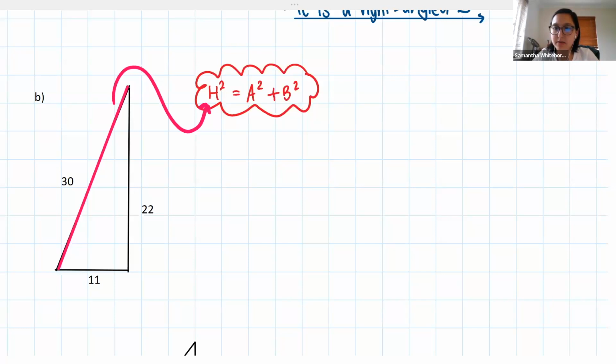Like what I'm seeing so far. Give you another minute. So remember, the question is, is it a right angle triangle or not? So make sure you do make that final statement.